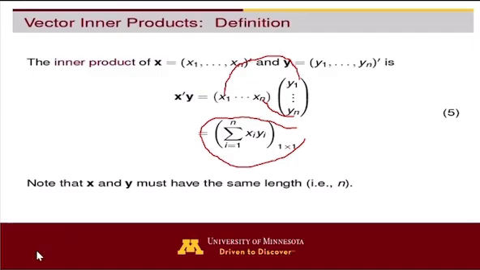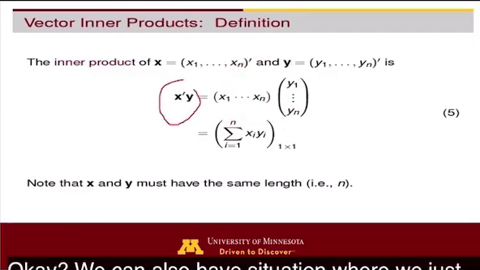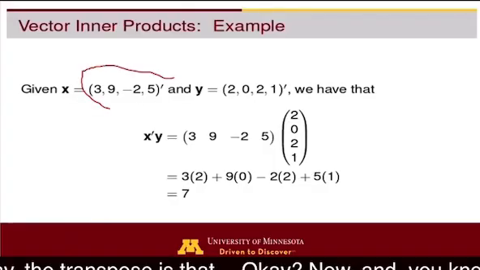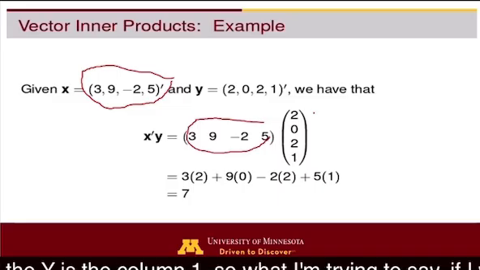Now here I do X prime Y. We can also have a situation where we use a matrix to multiply the transpose. So this is an example. If this is X prime, the transpose is that. The X prime here is row one, and the Y is column one.